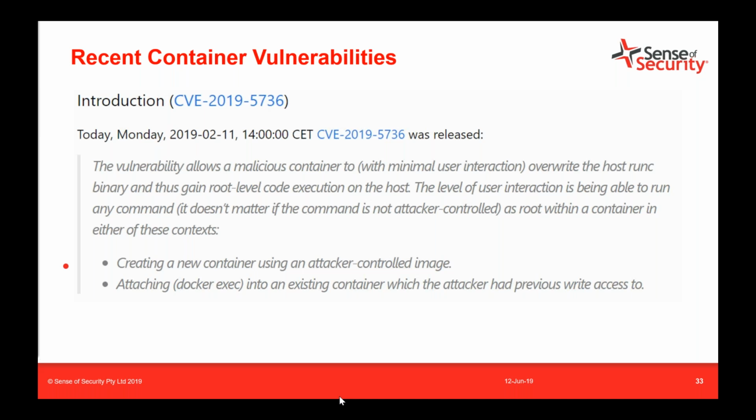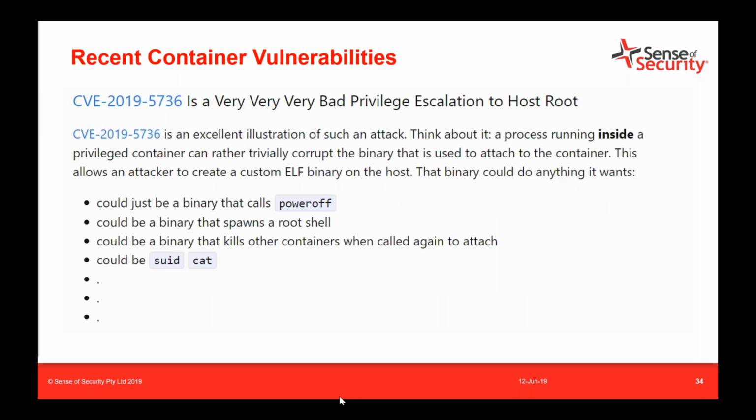In fact, there are a lot of interesting descriptions about this. I thought this one was quite interesting. They described it as a very, very, very bad privilege escalation to the host root. Now, it's not really a joke because it is a particularly significant vulnerability, and that means that if this particular issue was exploited, basically the attacker would have the crown jewels in your environment.